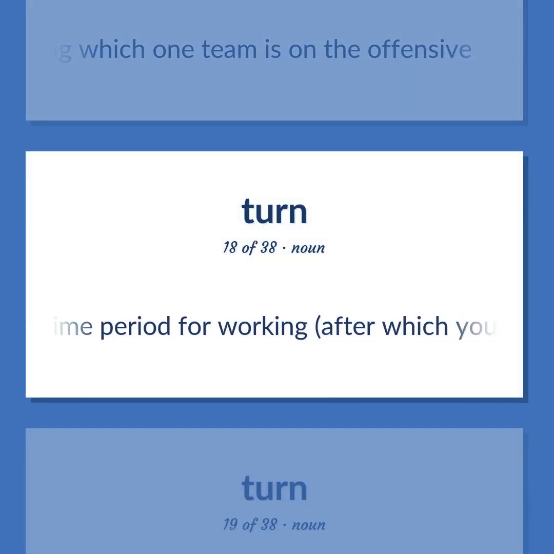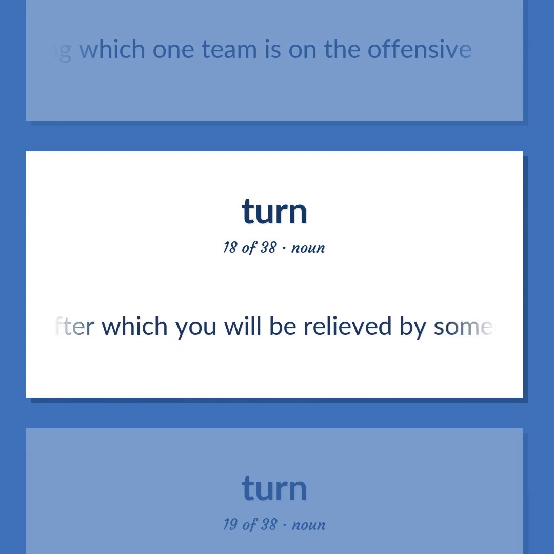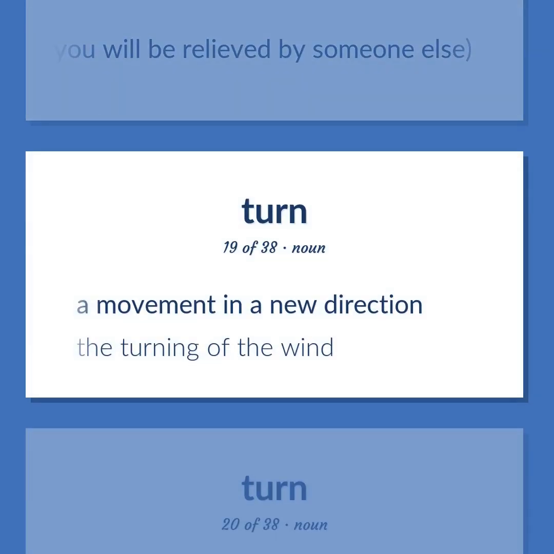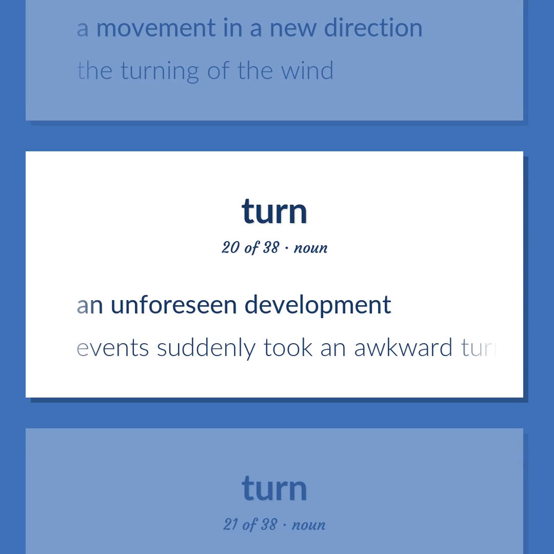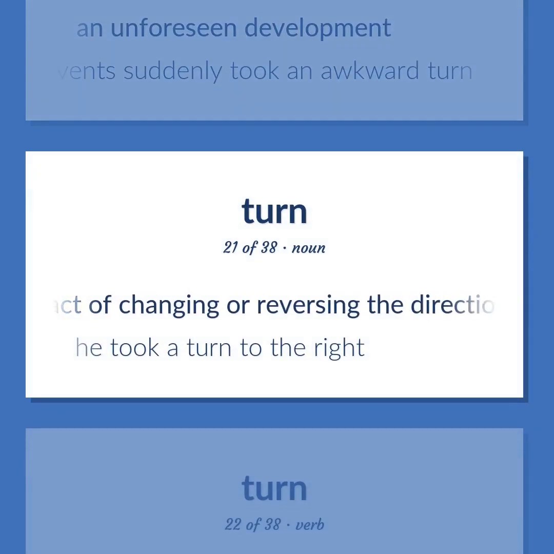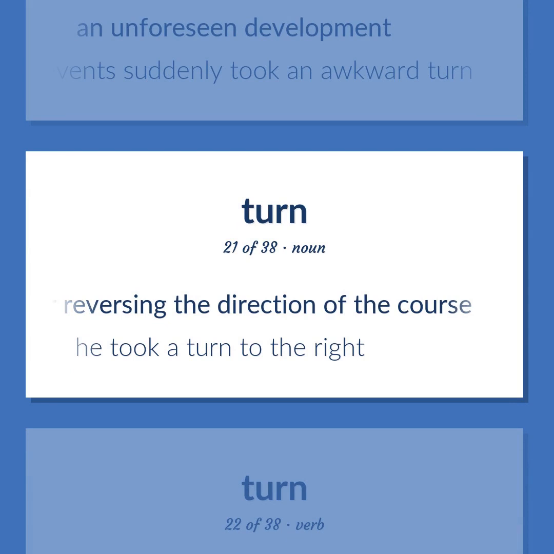A time period for working, after which you will be relieved by someone else. A movement in a new direction. The turning of the wind. An unforeseen development. Events suddenly took an awkward turn. The act of changing or reversing the direction of the course. He took a turn to the right.